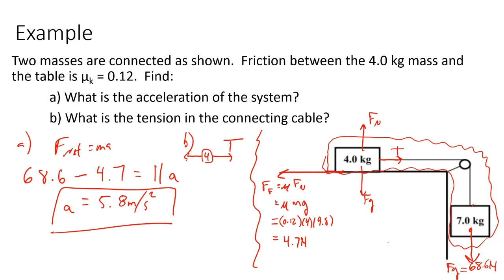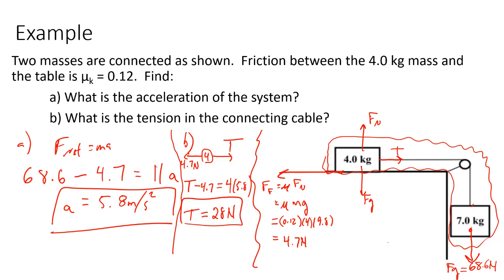It's also going to have 4.7 newtons of friction force pulling it backwards. Okay, so my force line will be tension, or T, minus 4.7 is going to be equal to the mass, which is 4, times acceleration, which I've found is 5.8. Okay, if we plug and chug that, you should get that your tension force is equal to 28 newtons.